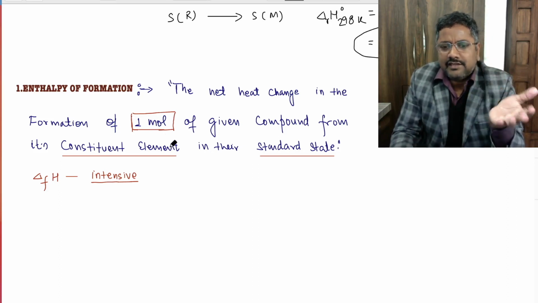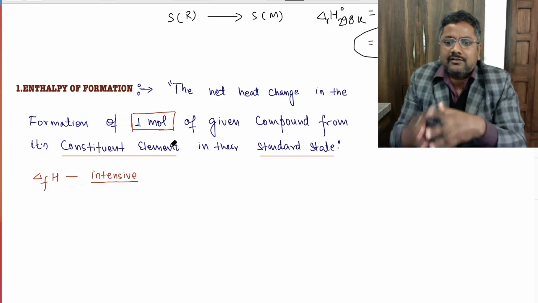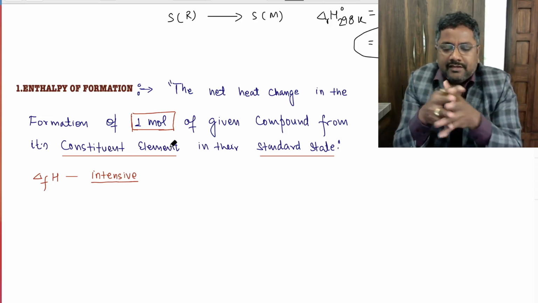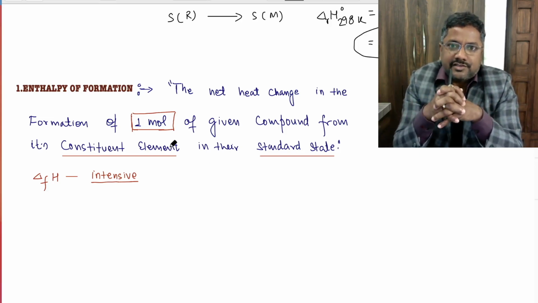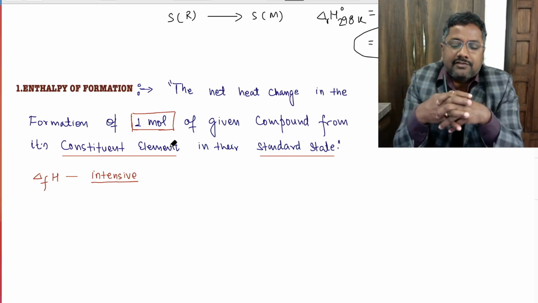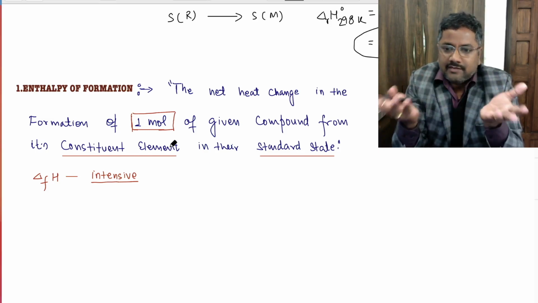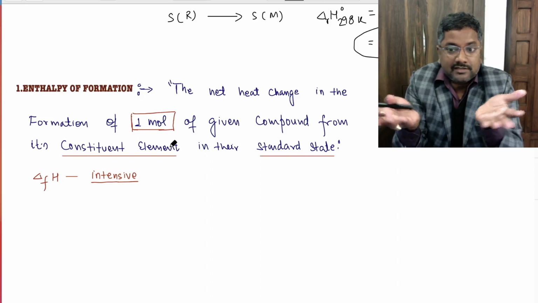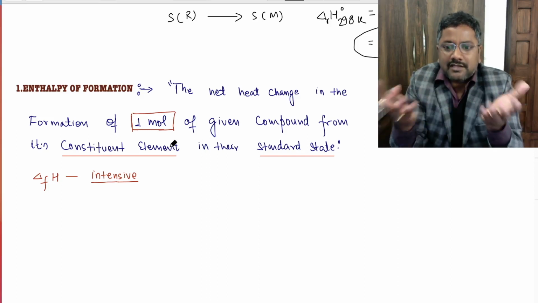So this is the reason why otherwise we cannot make the definition for any such technical terms. Means if you are taking 2 moles of reaction, or if you are multiplying any equation by a factor of 2, enthalpy definitely will change. But that is not the enthalpy of formation, that is the enthalpy of reaction.